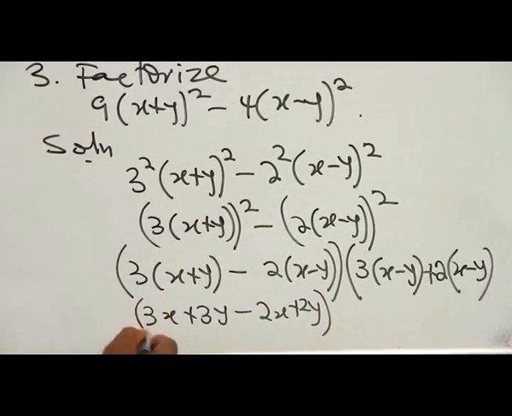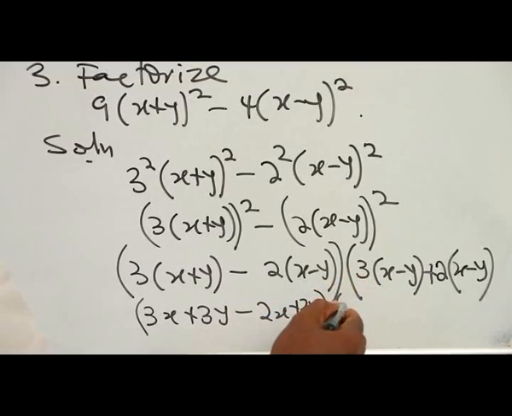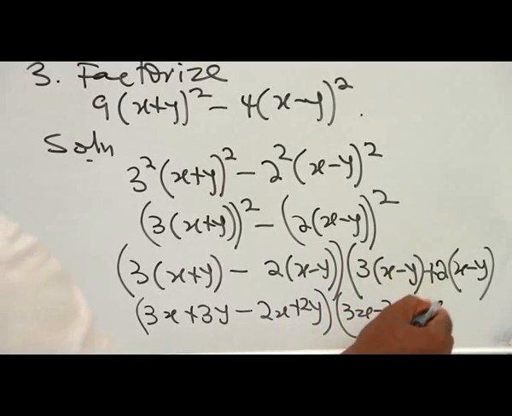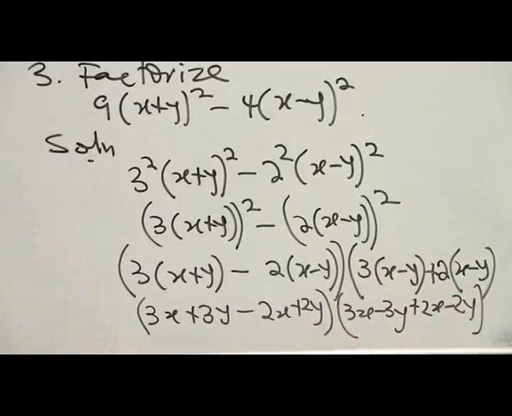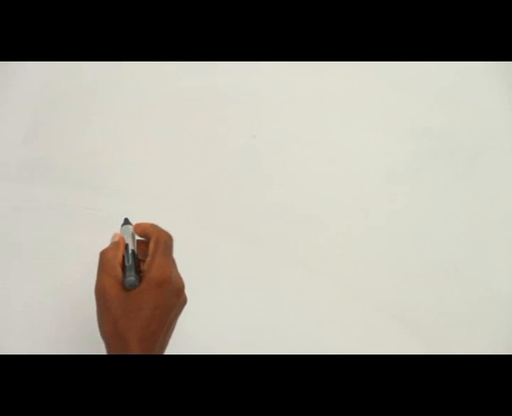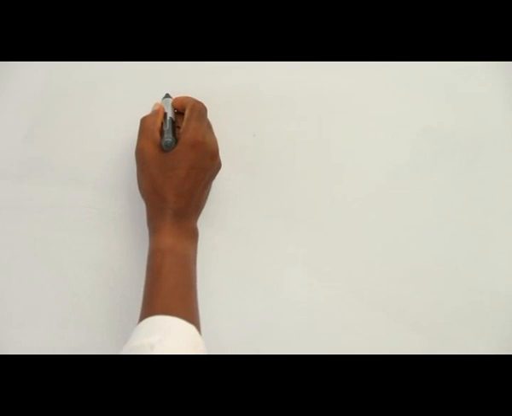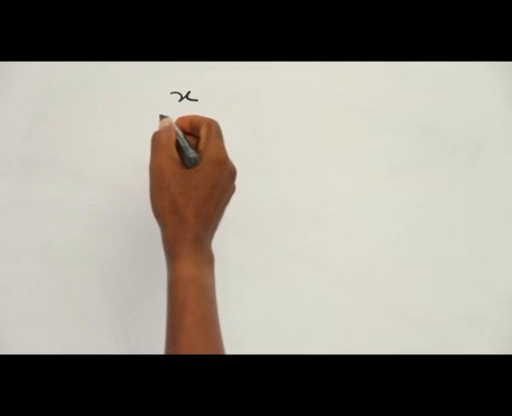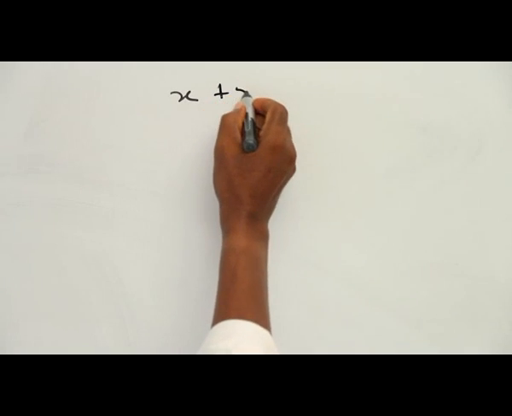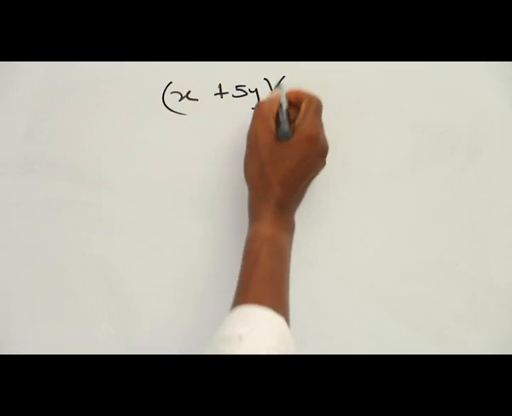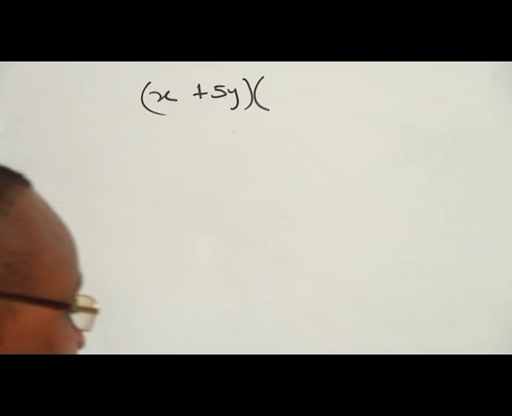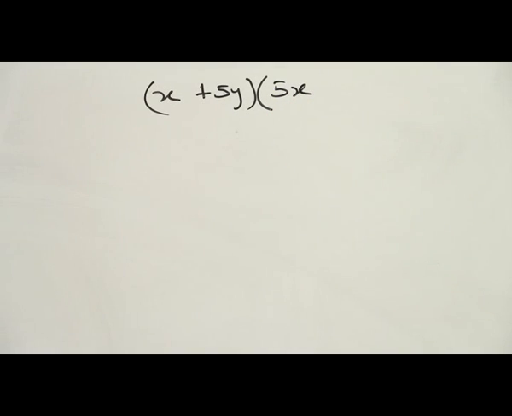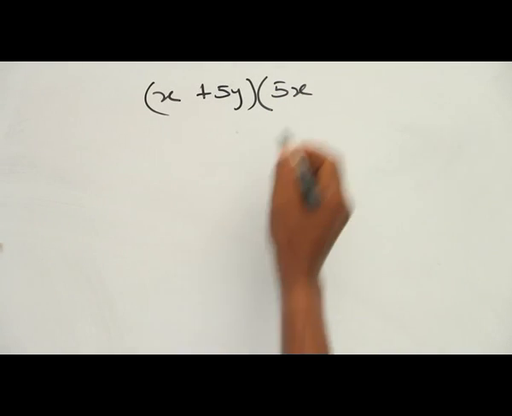We close this bracket. And the same thing will happen here, 3s minus 3y, and then plus 2s minus 2y. Simplifying further, we will have 3s minus 2s is s, and then plus 3y plus 2y will give you plus 5y. You close that bracket, open another bracket. 3s plus 2s will give you 5s. And then minus 3y minus 2y will give you minus 5y.